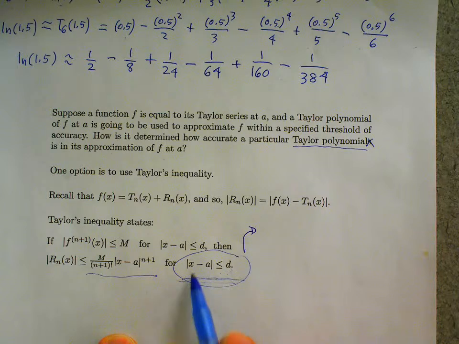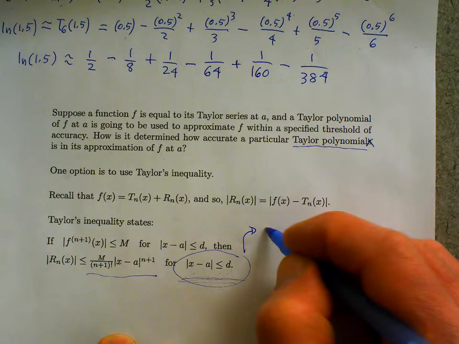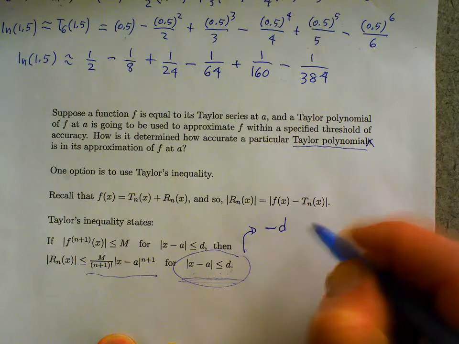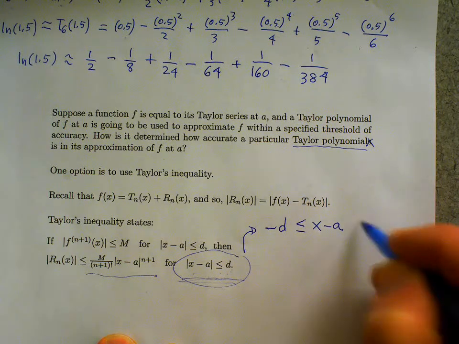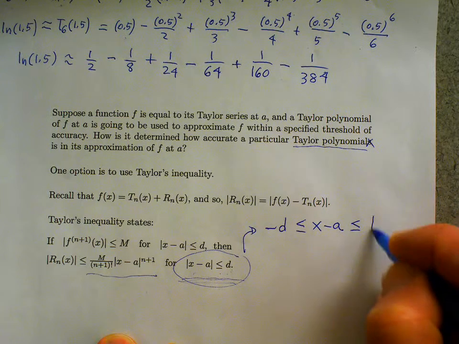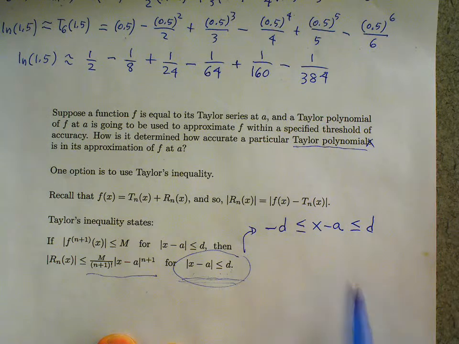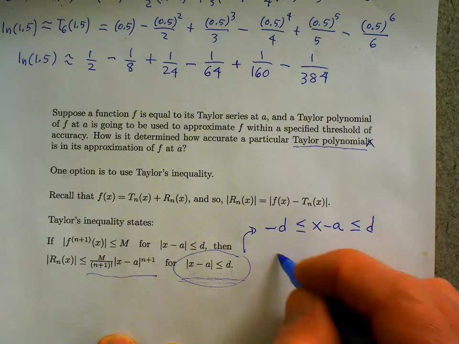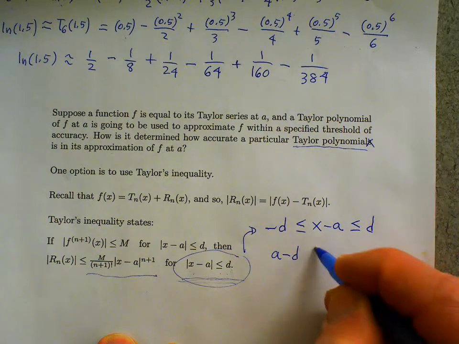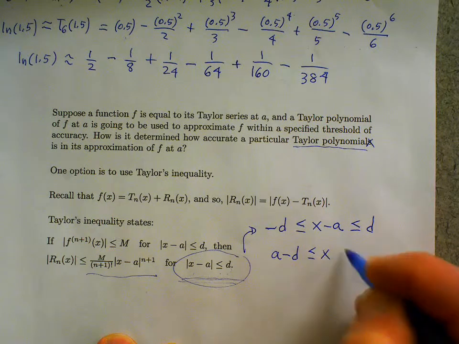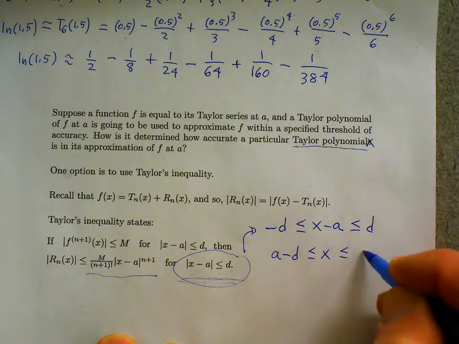So when we remove the absolute value symbols, we just get this inequality. Negative d is less than or equal to x minus a, which is less than or equal to d. Solve the inequality for x by adding a to all three parts. So the interval is a minus d less than or equal to x, which is less than or equal to a plus d.